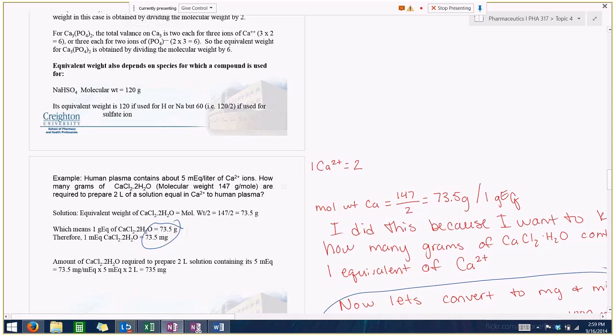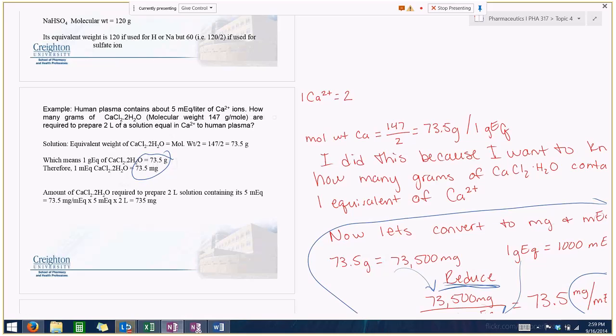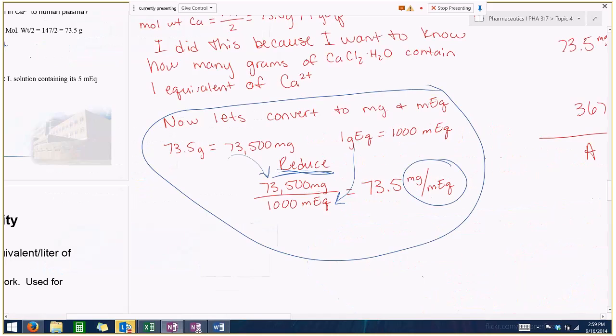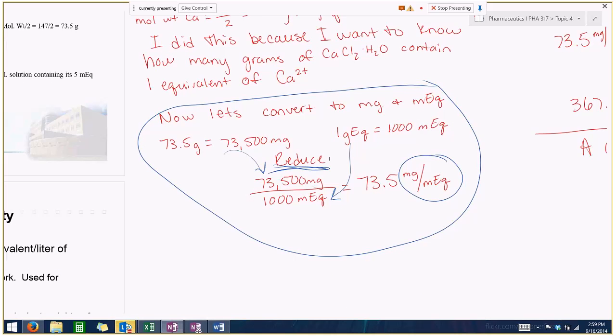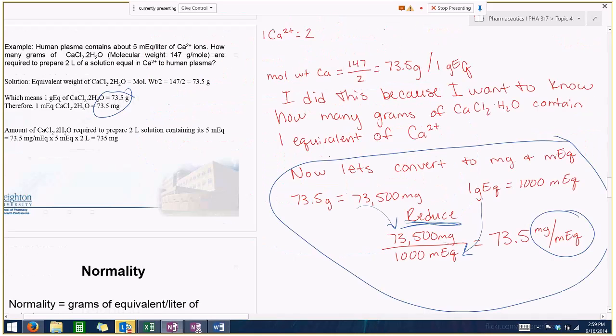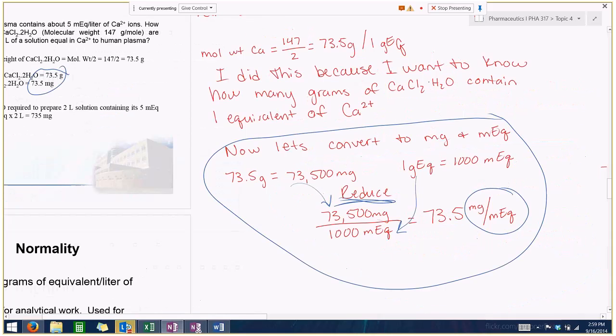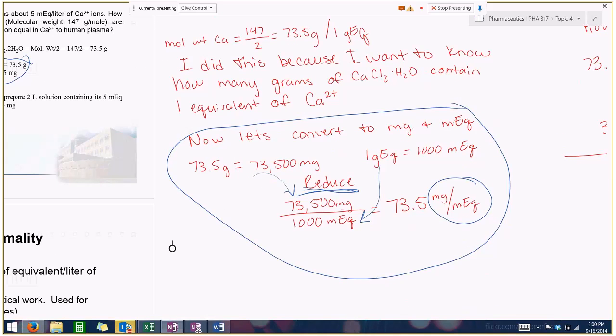Because when I first saw this, like I said, I've never worked with gram equivalents before, and I was like, which means 1 gram equivalent, and therefore this, and I was like, what? How is that the same? How is milligrams the same as grams? And I didn't catch it. He was saying 1 gram equivalent is equal to 73.5 grams, which would mean that 1 milliequivalent would be equal to 73.5 milliequivalents. Yeah, so that's why I drew that out. And yeah, that threw me off hardcore too.